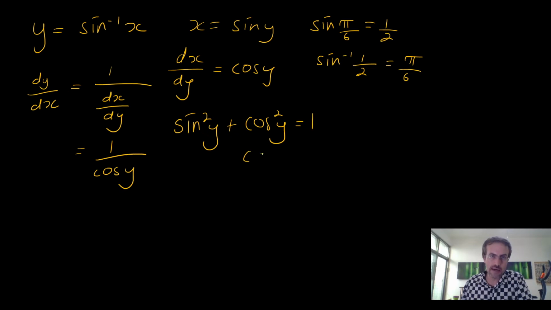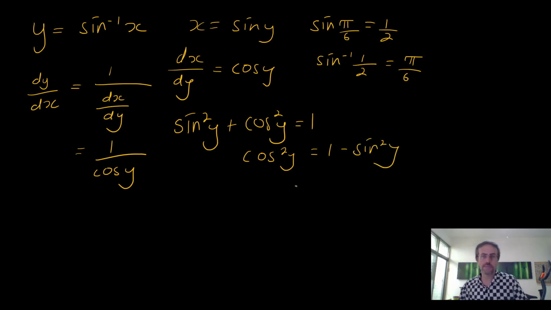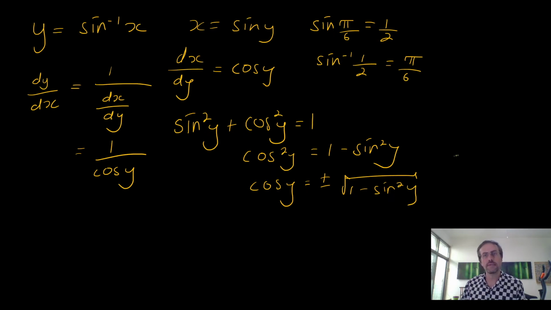So we can say cos squared y equals 1 minus sine squared y. But there's no square over here, so we want to get rid of this. So we say cos of y, we take the square root, equals plus or minus the square root, that's a funky radical, of 1 minus sine squared of y.